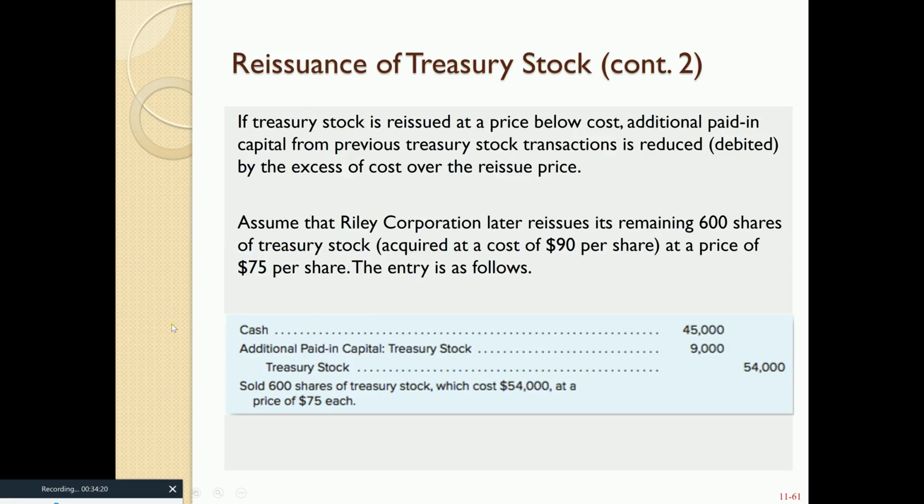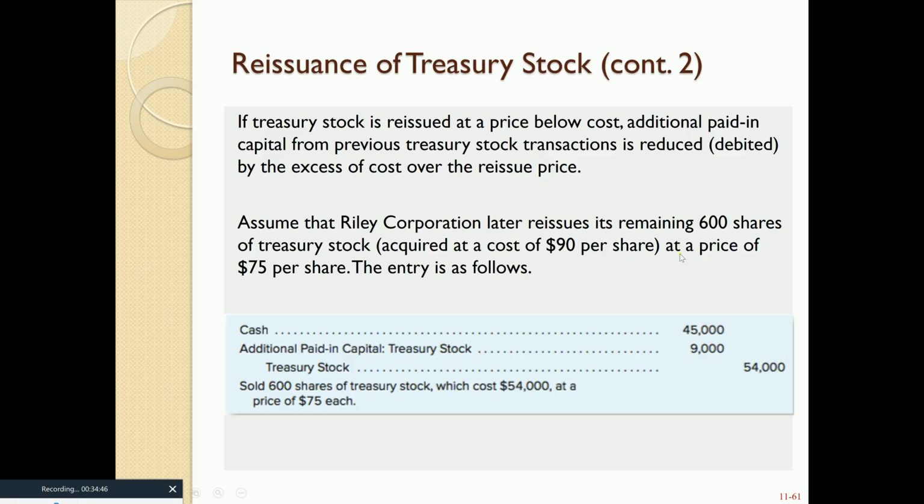All right, and now we originally bought 1,600 shares of treasury stock. In that last journal entry, we sold 1,000 shares. Now Riley's issuing the other remaining 600 shares. Now remember, it came into the treasury at 90. It's going to leave the treasury at 90. So 600 times 90, that's your $54,000, which will credit treasury stock.